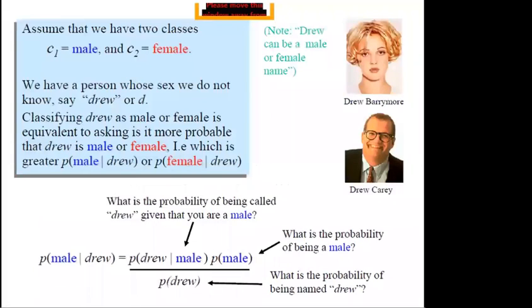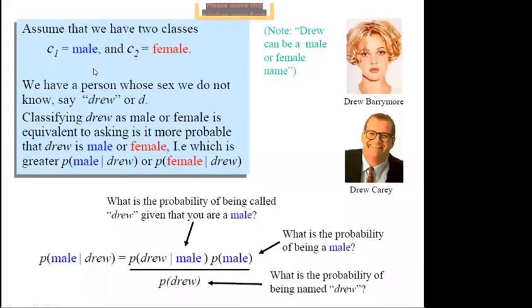Now, just assume one example; you will understand that formula better. Assume that we have two classes, C1 is male and C2 is female. If I get one name, I should be able to classify that name as either male or female.